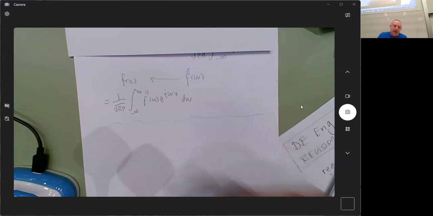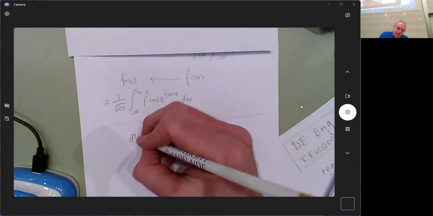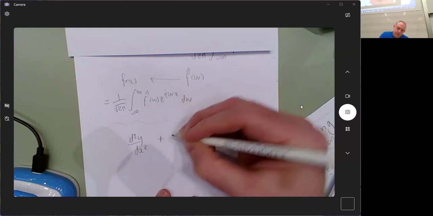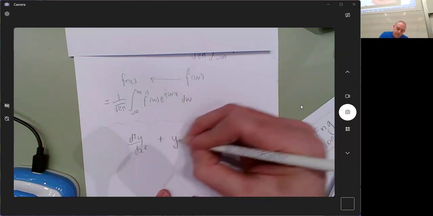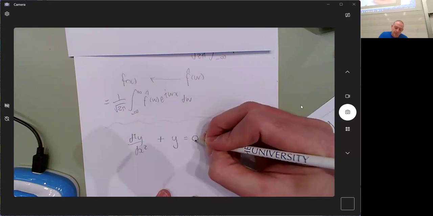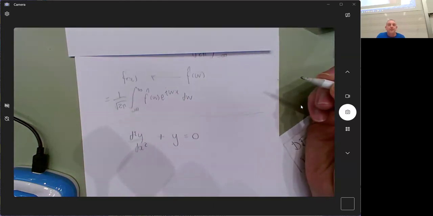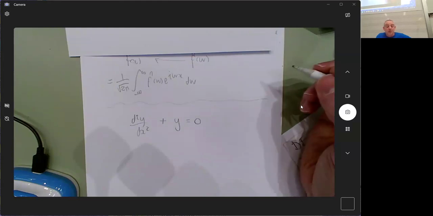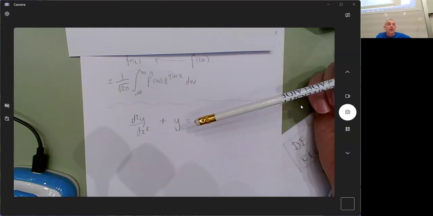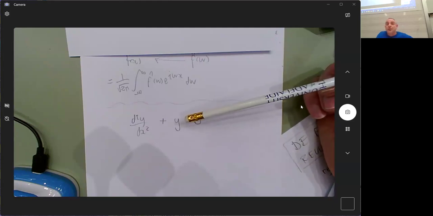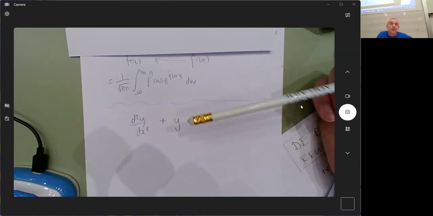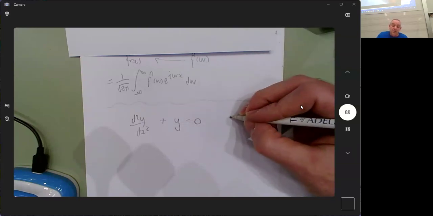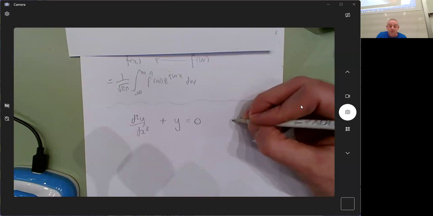So if I had something like this, it's a perfectly good second order differential equation. And we actually have methods for solving this already, so I know what the answer is going to come out to if I concentrate. And my x has no restrictions.